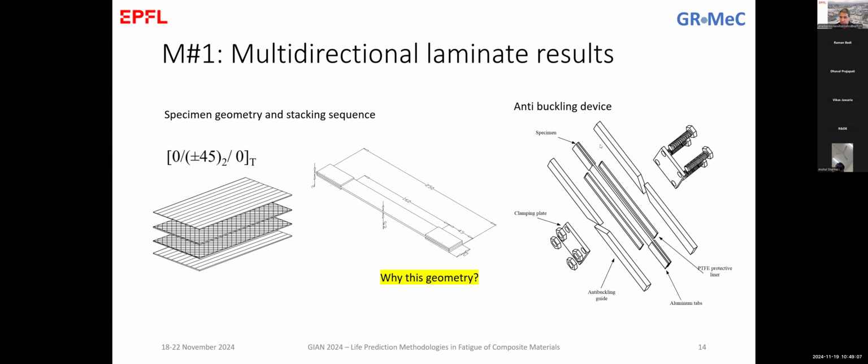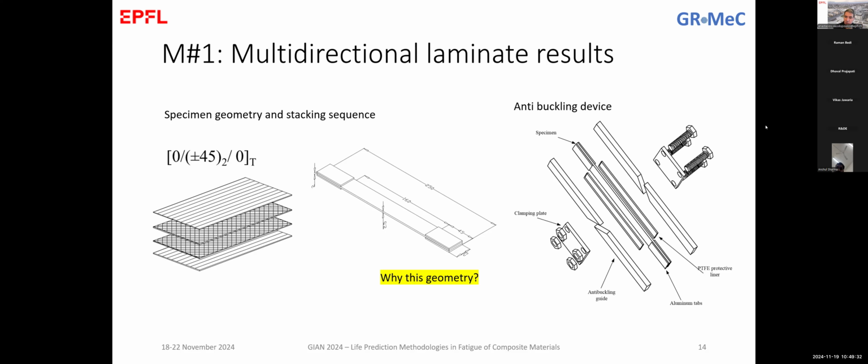I don't know if you are familiar with these devices, but they are usually metallic devices that are used to constrain the specimen, to confine the specimen, if you want to say it like that, and avoid buckling during loading when we have a compressive loading applied on it.